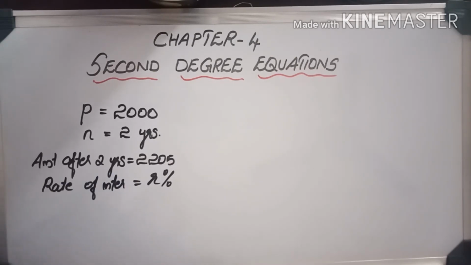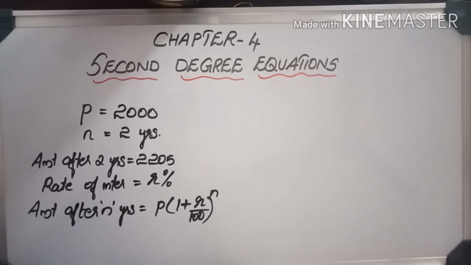Now what is the equation? For compound interest, the amount after n years is P into 1 plus R by 100 whole raised to n.